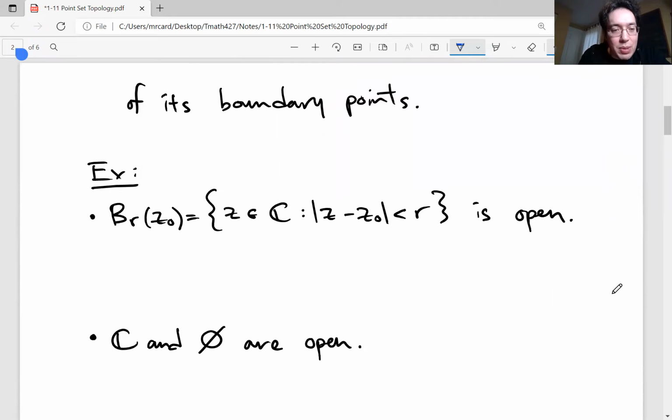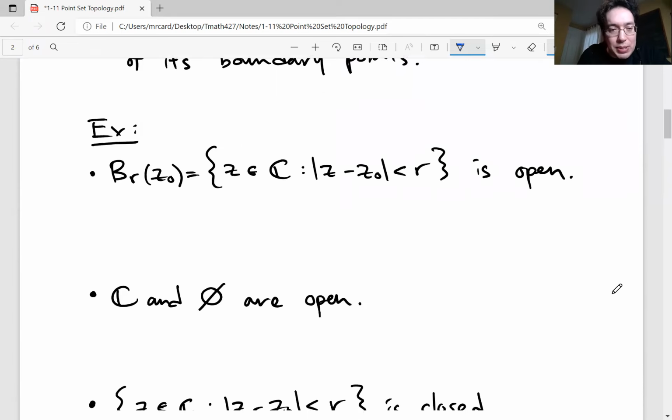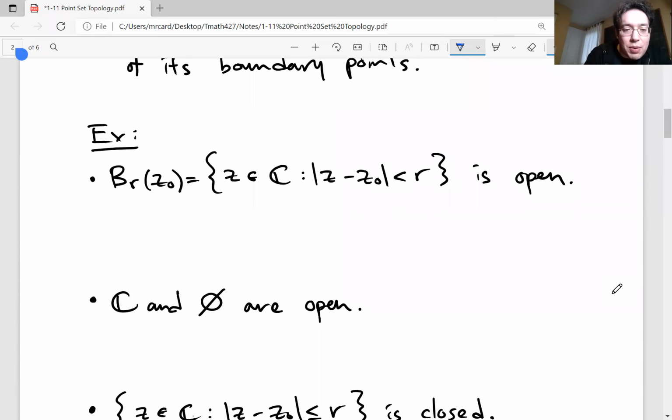Okay. So let's look at a few examples. So if you have a disk, then no matter how close to the edge you choose the point, you could always pick a radius that's smaller than the distance to the edge so that the disk sits within the bigger disk.